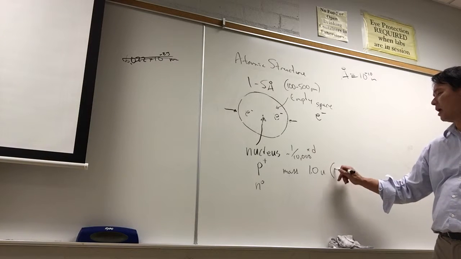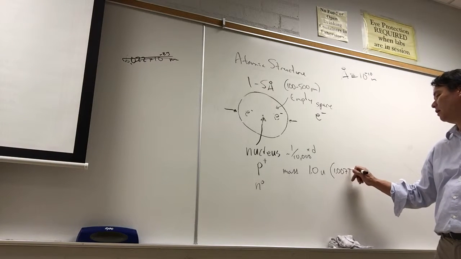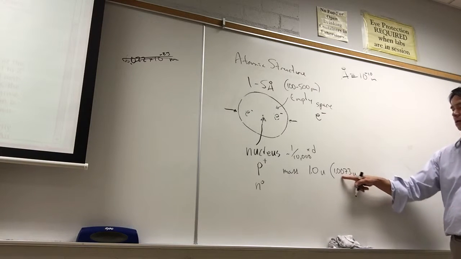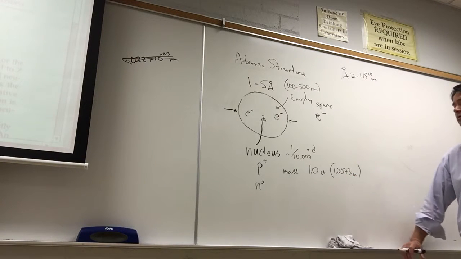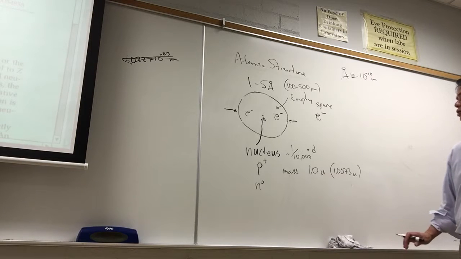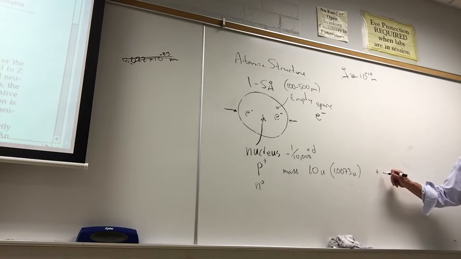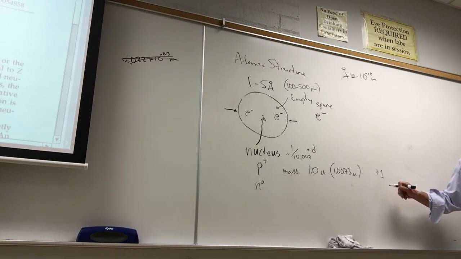You should have it memorized, but it's known to more digits. It's known to 5 sig figs, 1.0073 U. The charge on the proton: what is the charge on the proton? Positive 1.